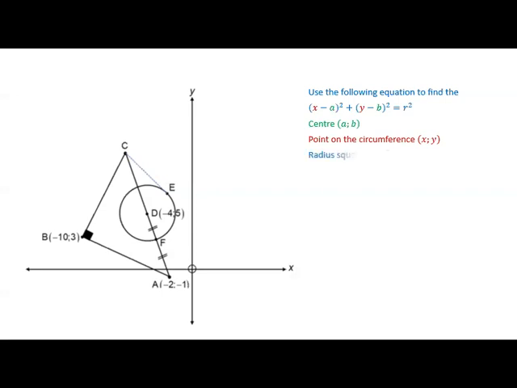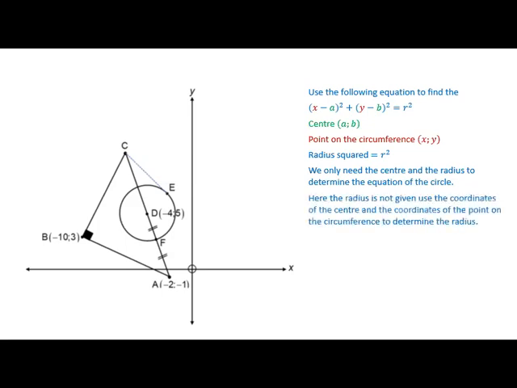As I've said, r squared is the radius squared. We only need the center and the radius to determine the equation of the circle. Here the radius is not given. Use the coordinates of the center and the coordinates of the point on the circumference to determine the radius.